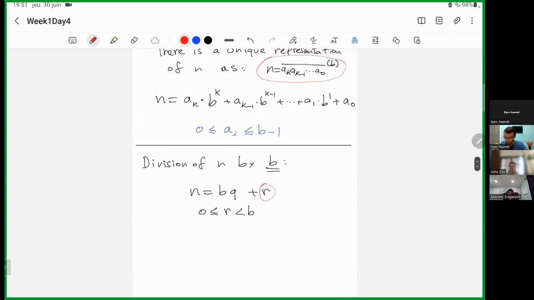Can you guys link R with this representation directly? Try to look at the expression we have here and tell me if you can make a link. What would R be equal to?